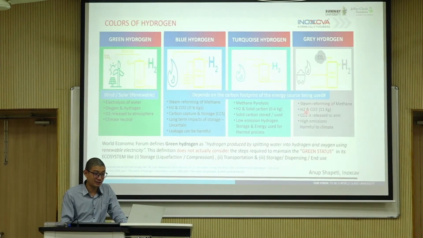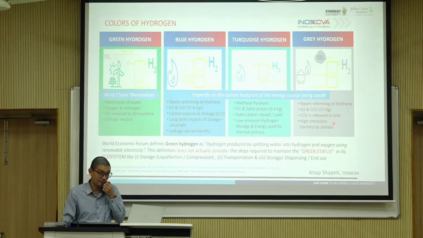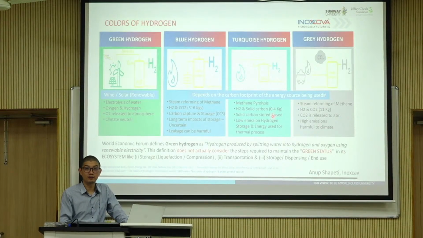Gray one is steam reforming. The blue color is the steam reforming with the carbon capture. Then now you know already, with the carbon capture the carbons can be reduced from 11 kg to 0.4.